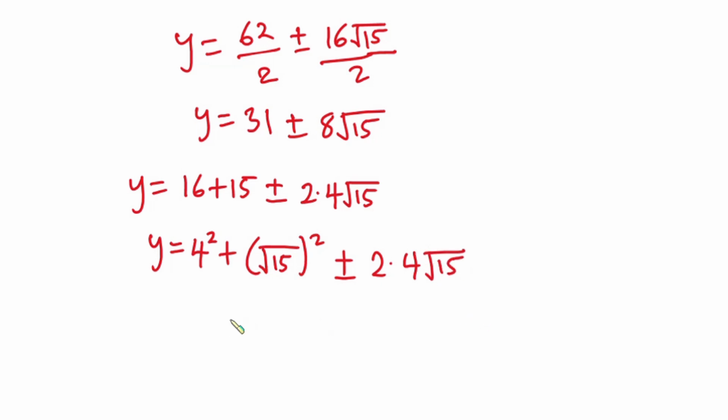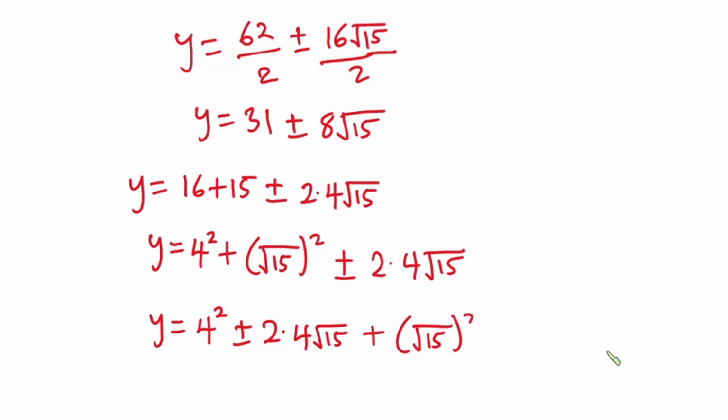Okay, now let's go ahead and then rearrange this. So we have y is equal to 4 to the second power, then plus or minus, we have 2 times 4, then square root of 15 plus square root of 15 all squared.